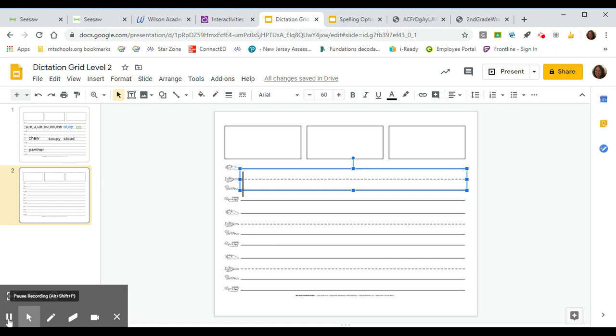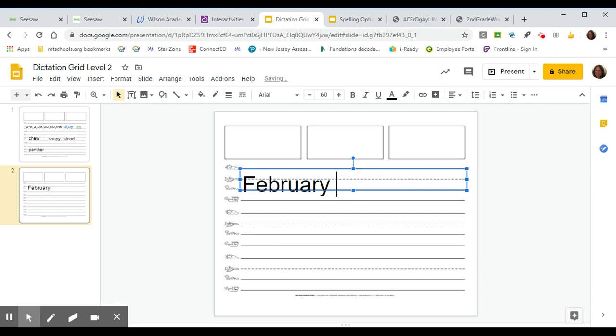February. Okay, now let's write capital February. February.